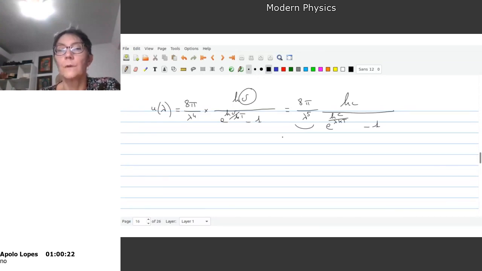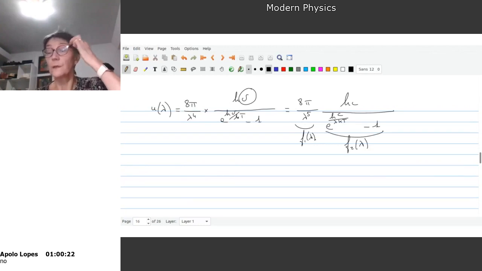Well, this is a constant, so we have f1 of lambda, and we have f2 of lambda. So this one is the Rayleigh-Jeans. No, it's 1 over lambda, Rayleigh-Jeans.